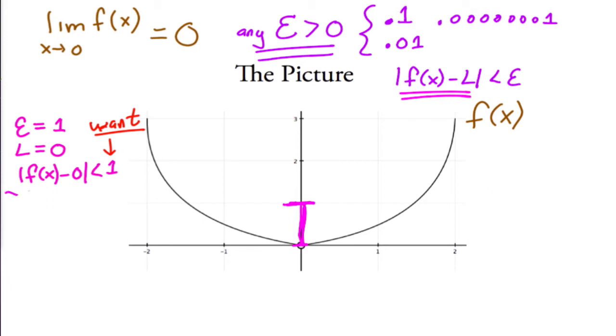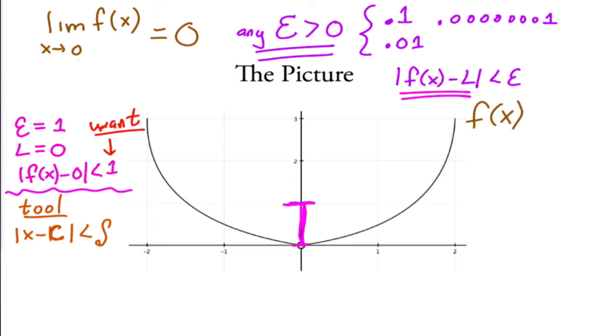Okay, now to satisfy this, I'm going to call this my tool. My tool is I can make the absolute value of x minus c be less than delta. So this one you have complete control over.